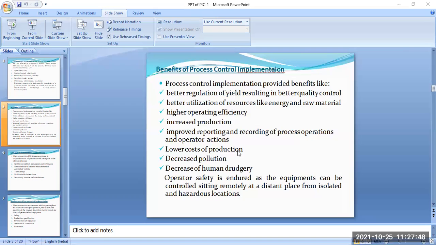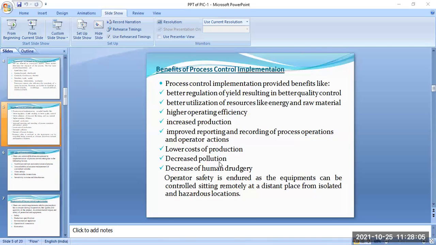So that is the lower cost of production. Okay, another important term nowadays, all over the world it is working on this parameter, that is pollution level. Okay, so you have to follow decreasing the pollution level.